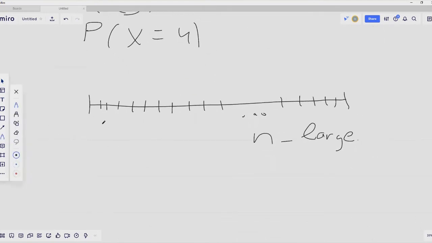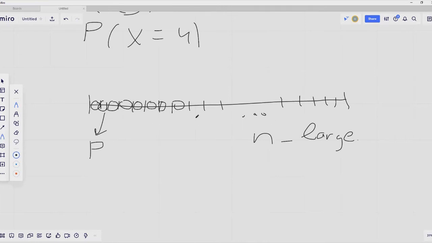Then we can look at each of those sub-intervals as a single trial in our binomial distribution. So it's like throwing a coin n times, where the probability of landing on heads is equal to small p, where the coin landing on heads will mean that we have an accident happening in that time interval.